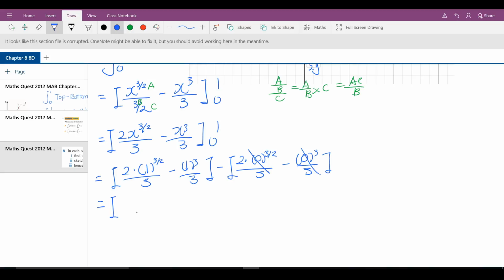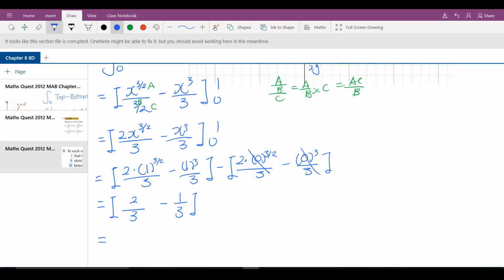All right, so that is 2 multiplied by 1 to the power of 3 over 2. 1 to the power of whatever is 1. 1 to the power of 3 over 2 is 1, okay? All right, over 3. So that's literally just 2 over 3. Minus 1 to the power of 3 is 1 over 3.